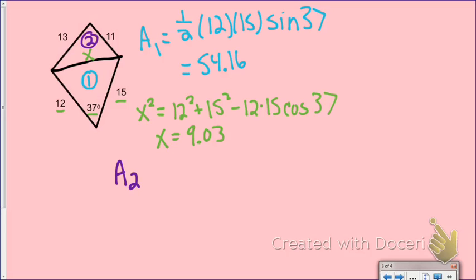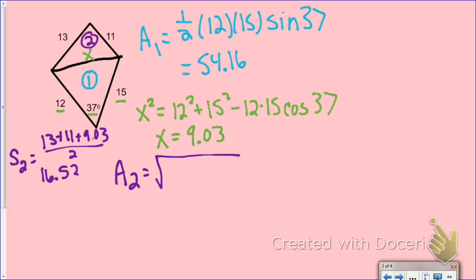So in order to do that, I'm going to need to find the semi-perimeter. The semi-perimeter of the second triangle is going to be 13 plus 11 plus that third side, which we just found is 9.03. I'm going to divide all those by 2, so I get a semi-perimeter of 16.52. So now I can set up that formula.